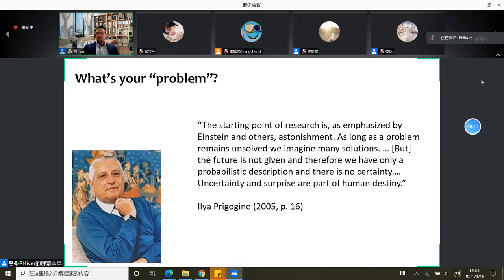Well, in my experience, when colleagues or my own students who would like to adopt methods of complexity come to me, they say something like, I use narrative design, or I use ethnography or ethnographic methods. Is that compatible with complexity theory? So they're often frustrated when I reply, well, what's your problem?